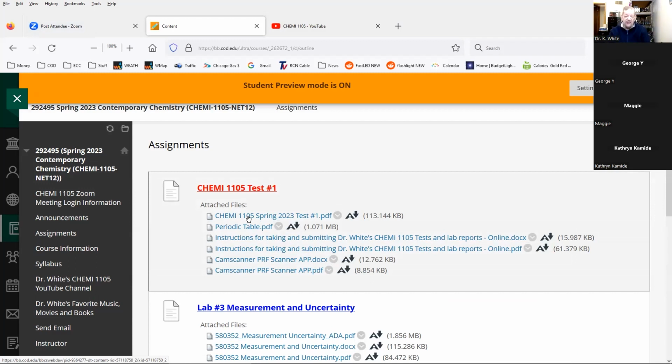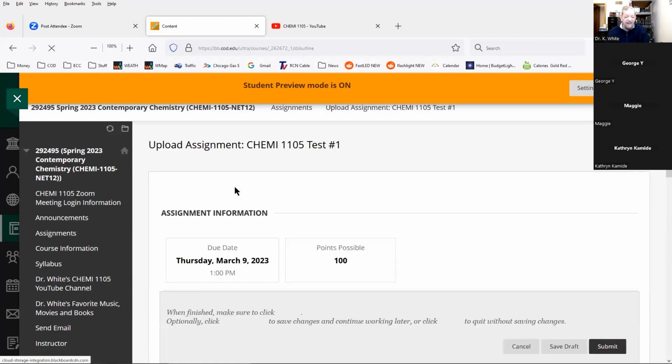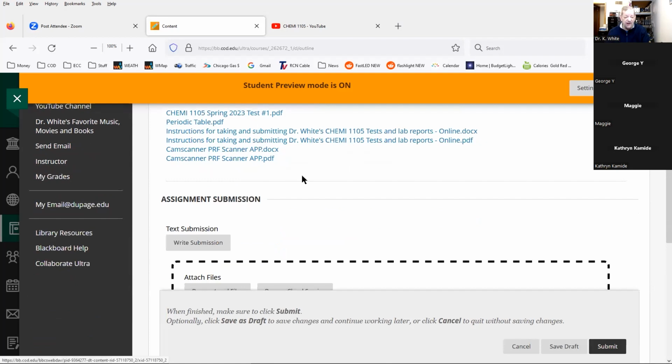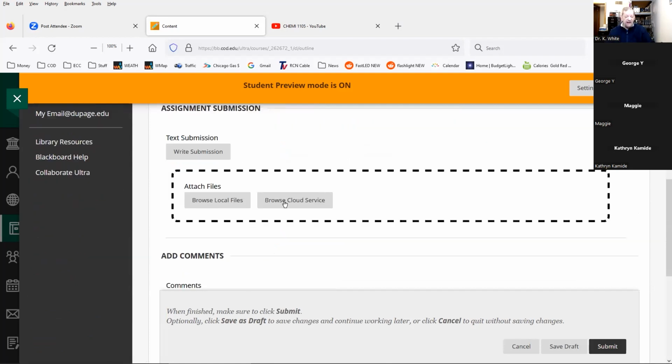That makes mistakes less likely when putting in the password. And by tomorrow, you'll click on this again. To submit it, you click on Browse Local Files, pick your file, open it, and click Submit.